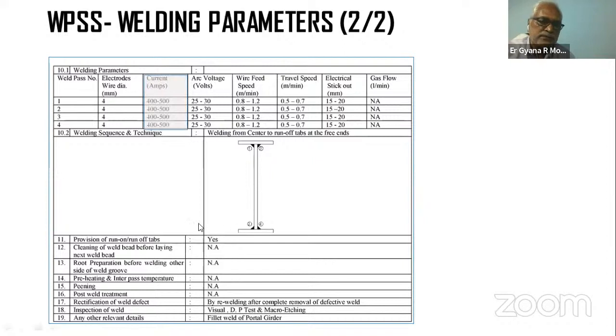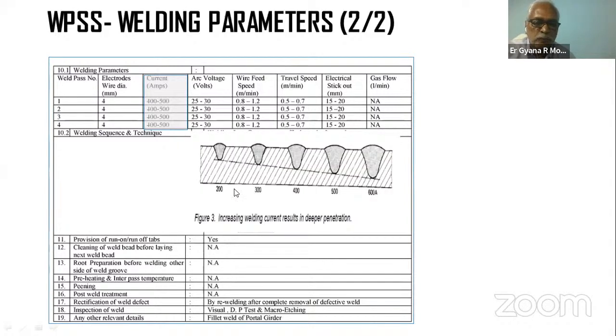And here, let us say we have a current range of 400 to 500 amperes for this particular component, and we have the sequence of 1, 2, 3, and 4. Suppose this is meant to be welded with a current of 400 amperes. We are expecting a certain depth of penetration.